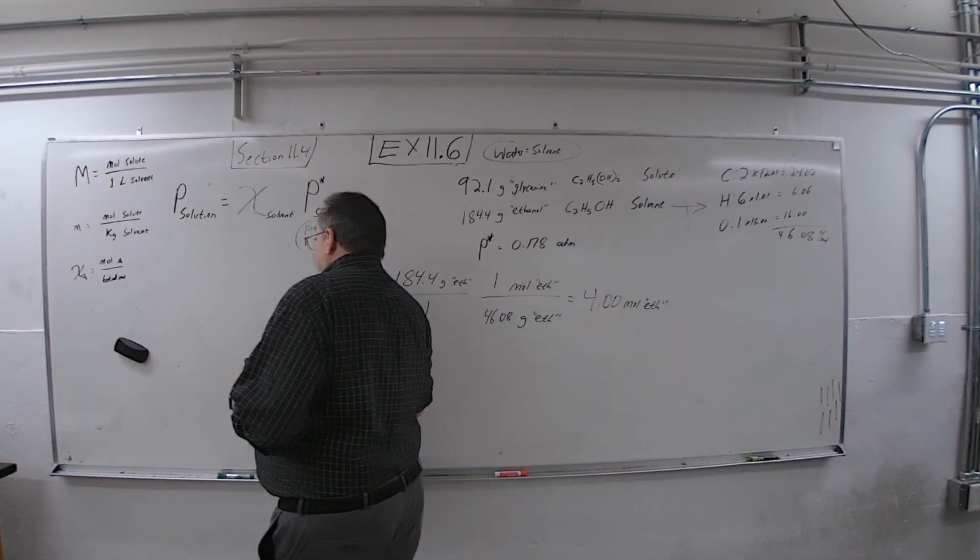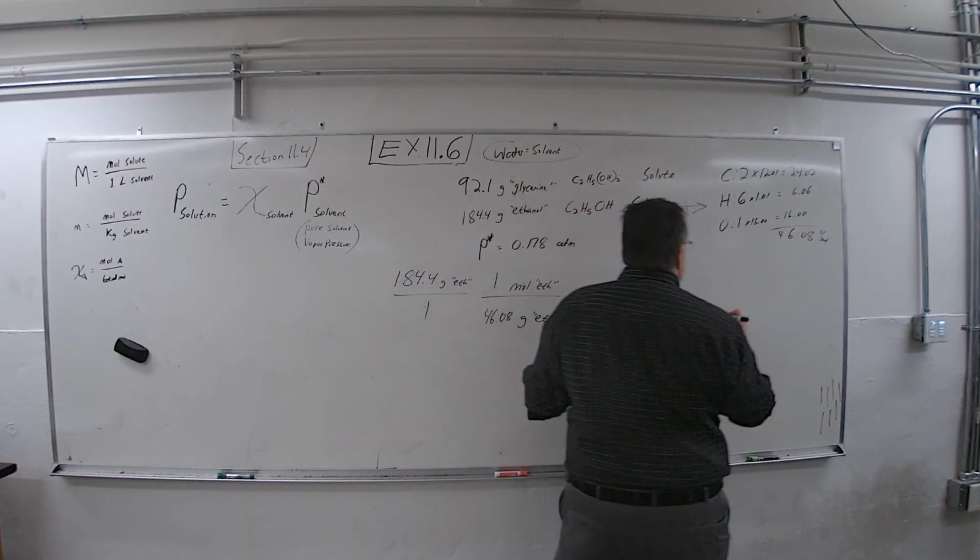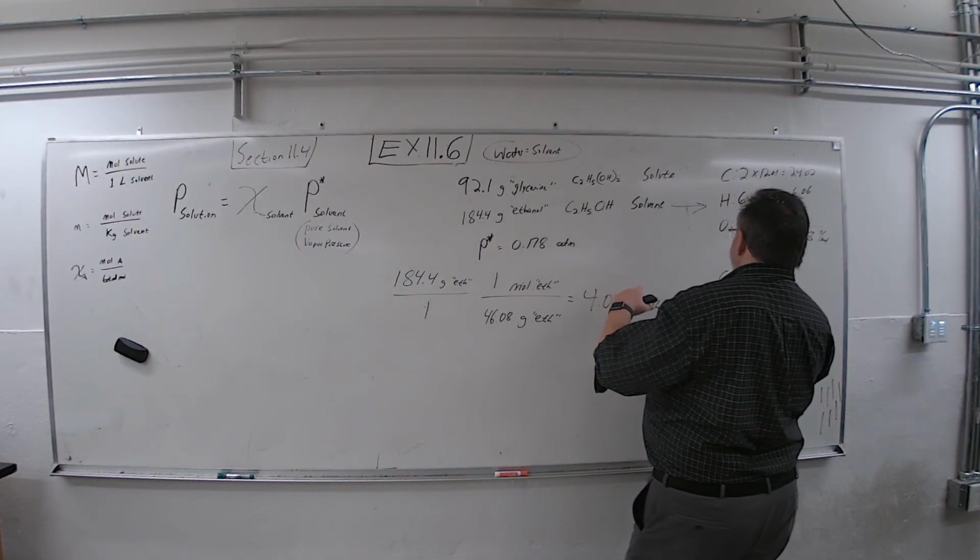We also need the moles of glycerine, which is C2.